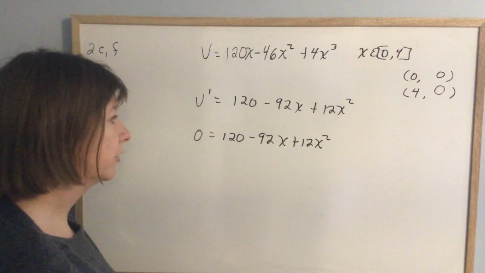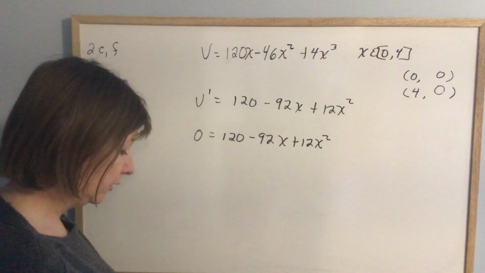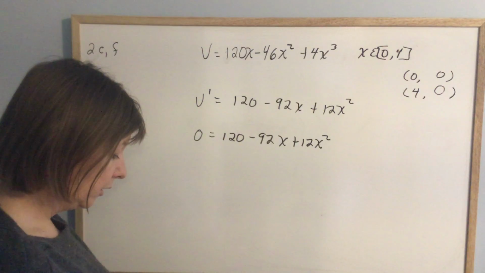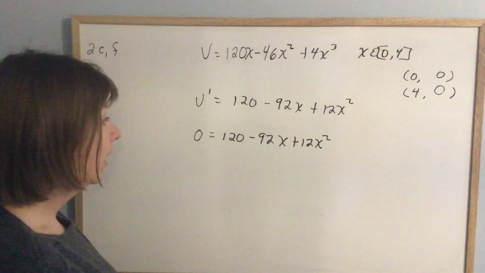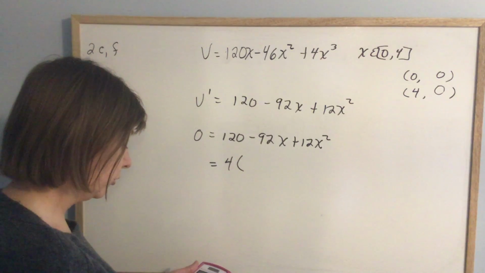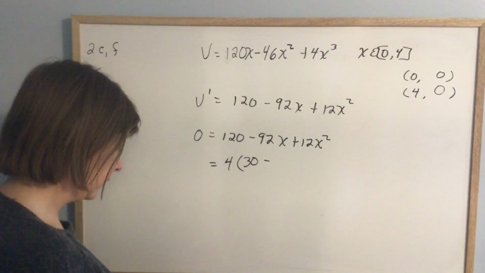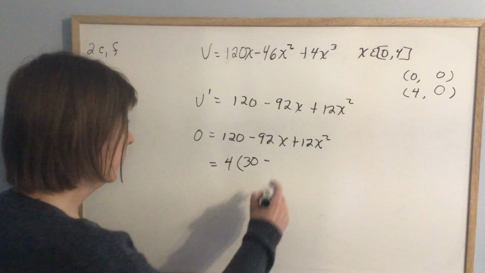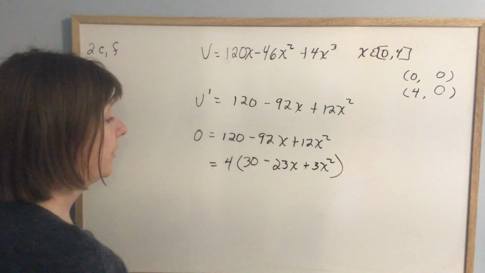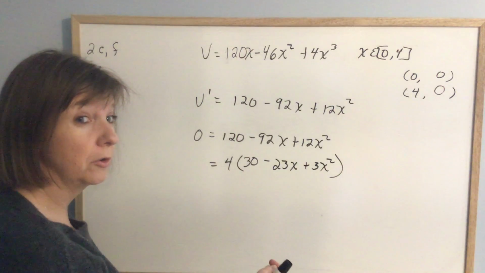Let me see, 92 divided by 4. Oh, I could take 4 out as a common factor. 120 divided by 4 is 30, minus 92 divided by 4 is 23x plus 3x squared. That way, whether you're factoring or doing the quadratic equation, you're at least working with smaller numbers.